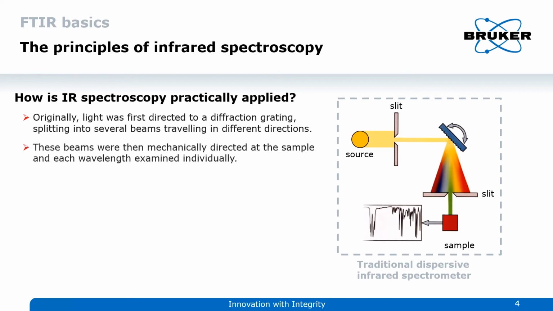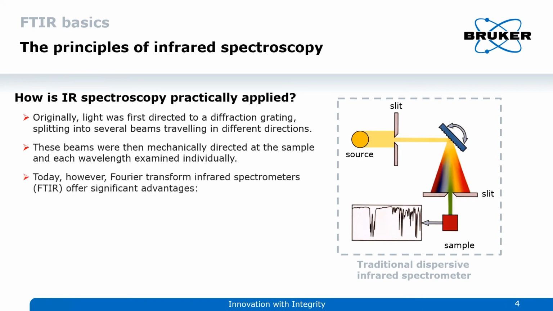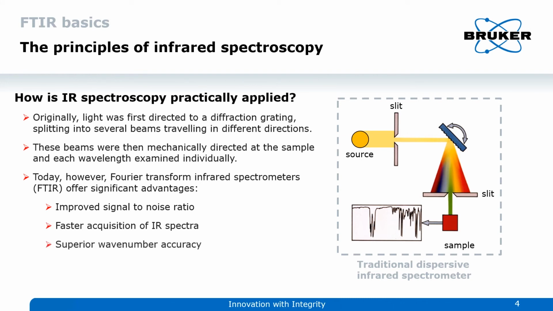Afterwards, these beams were directed at the sample and each wavelength individually examined. With the rise of improved electronics and CPU processing power, Fourier transform infrared spectrometers superseded these traditional instruments because FTIR spectroscopy offers significant advantages. It has an improved signal-to-noise ratio, it is a lot faster, and it shows superior wave number accuracy when laser calibration is applied.